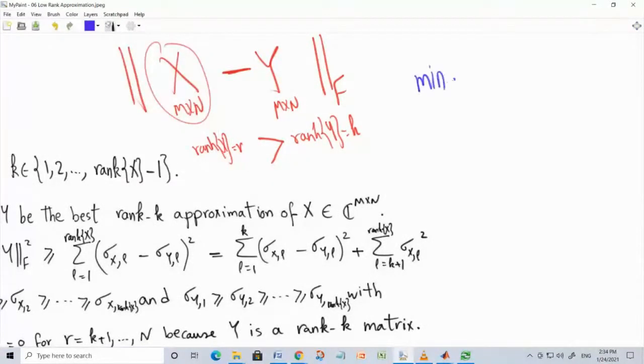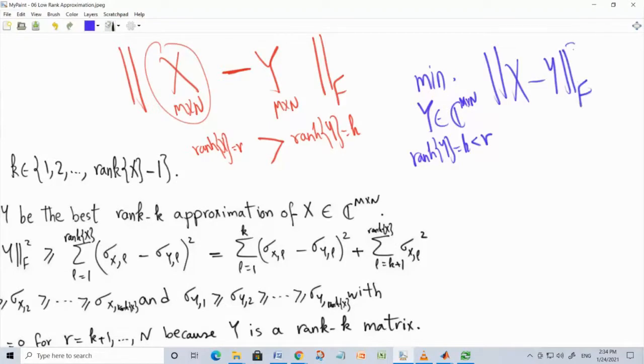Minimize over Y. Y is not any arbitrary matrix. It has the same dimensions as X. Moreover, rank Y is equal to K, strictly less than R, such that this difference is minimized.